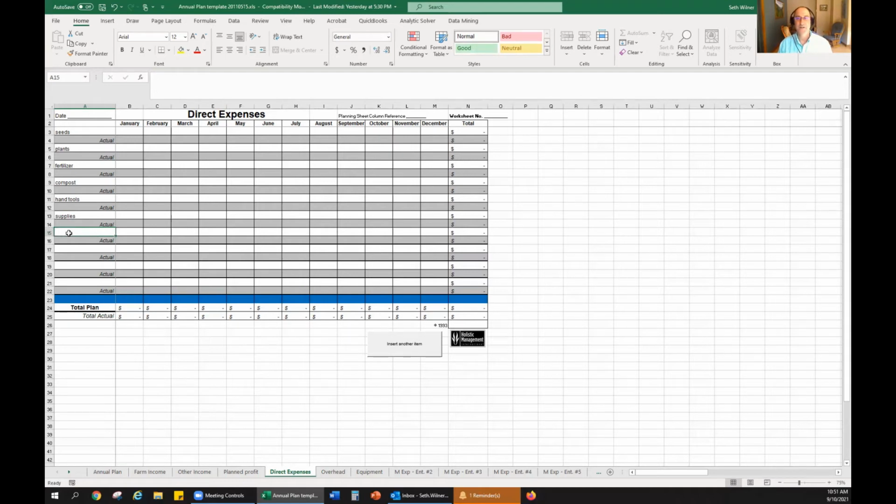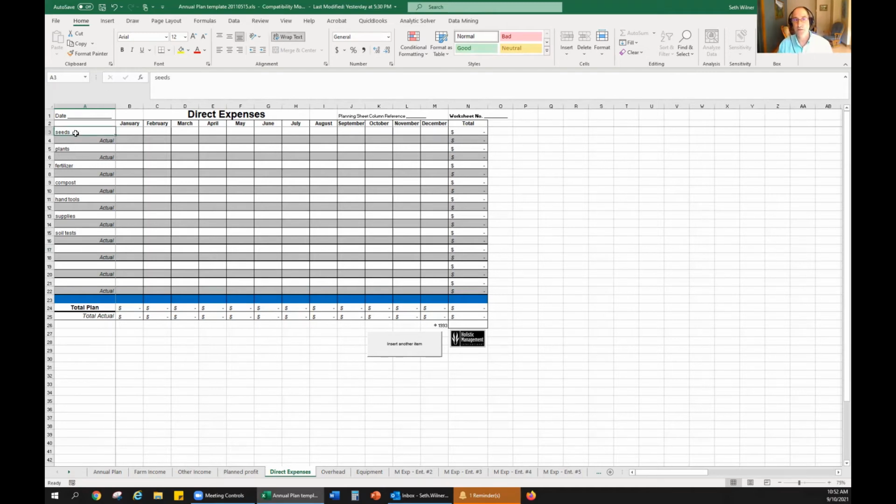And so what else do we have here that we could put in? Here you could put in soil tests. Depends on how big you're going to put that. So these are the costs that you can ask yourself, what do I put in here? Costs that change with my level of production would be the variable costs, and they often go in these direct expenses.